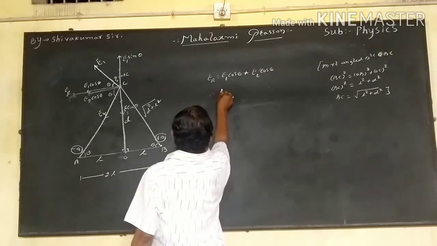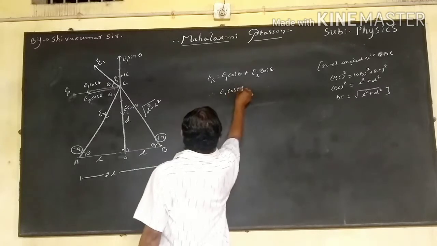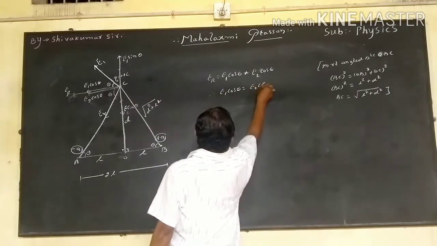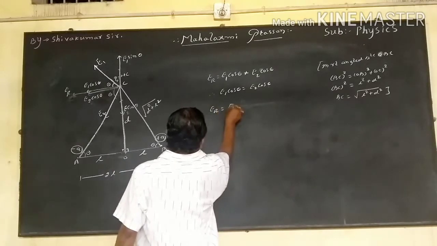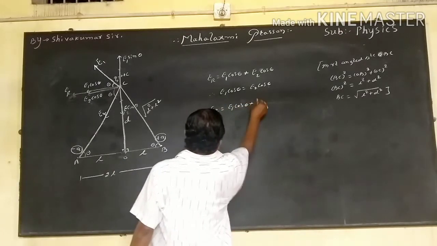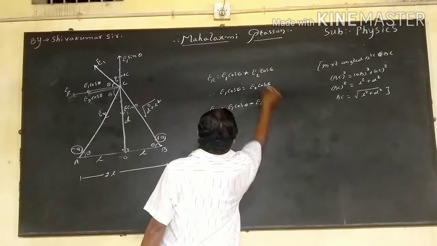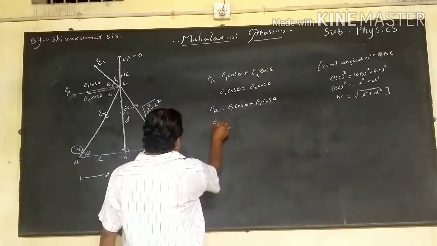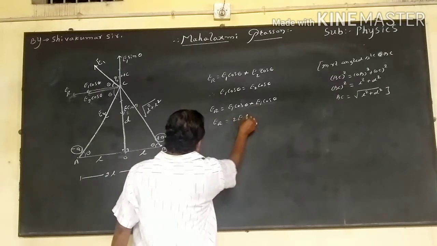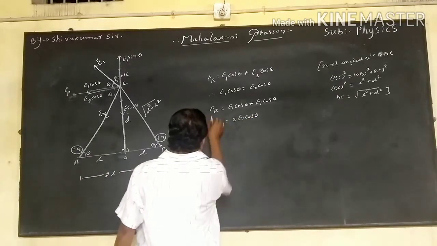Therefore E1 cos theta equals E2 cos theta. Then I can write ER equals E1 cos theta plus E1 cos theta. You can replace E1 by E2 also. Then the resultant electric intensity is 2E1 cos theta. Is it clear?